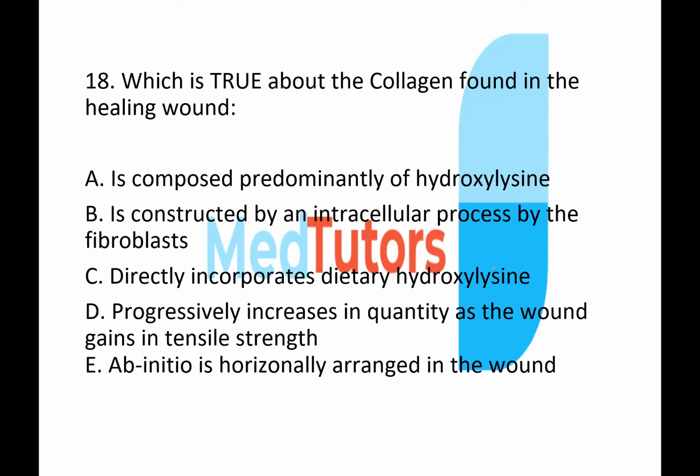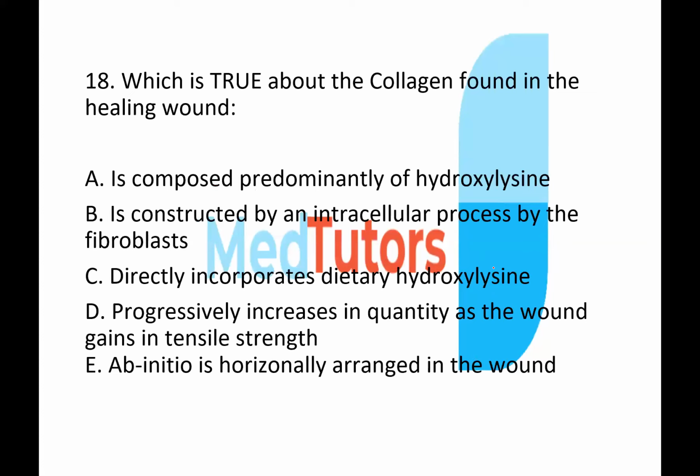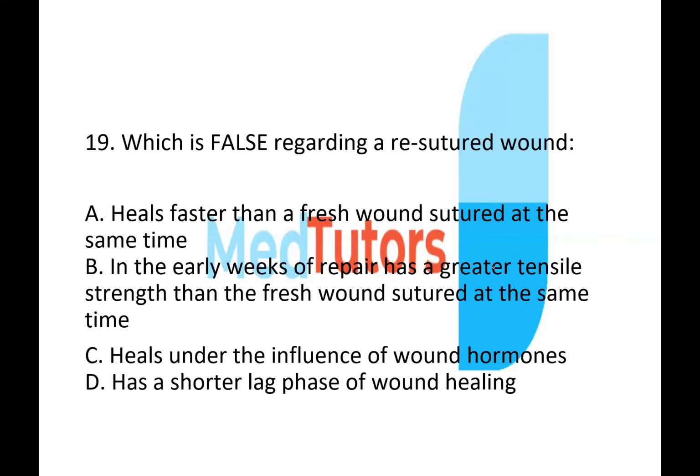Ab initio, it is horizontally arranged in the wound. Now, don't forget, it is the fibroblasts that form collagen. Fibroblasts, they are the ones that form collagen. So that is the correct option. Which is false regarding resutured wound? Heals B now. We said B is constructed by an intracellular process of fibroblasts. B is the option.